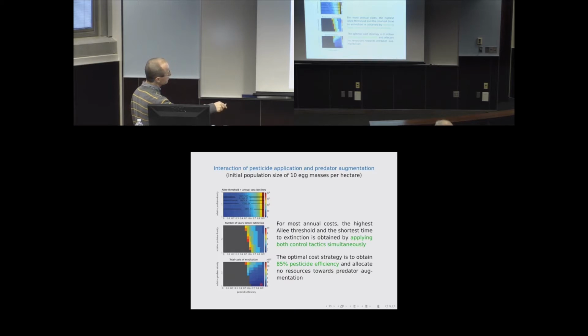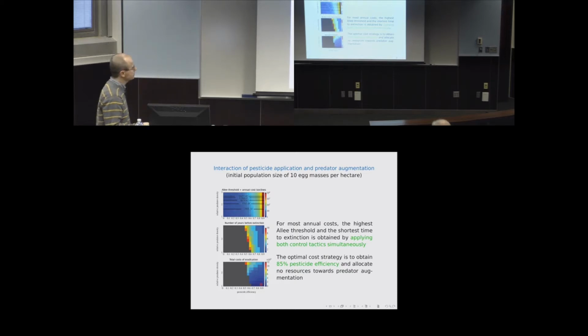these combinations, we are able to eradicate the population in 2 years, but here we are not able to eradicate the population in any time. And finally, we have the total cost of eradication, which is the annual cost times the number of years to eradication.